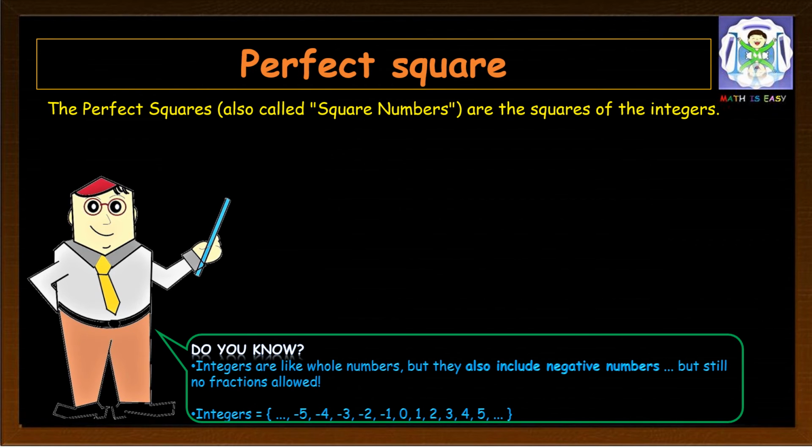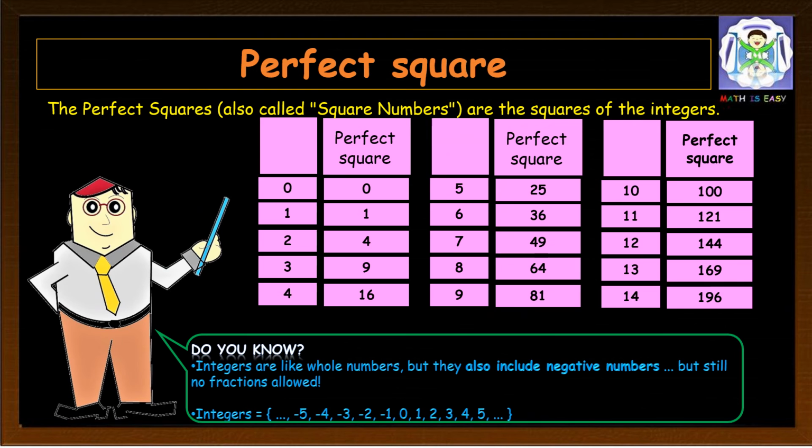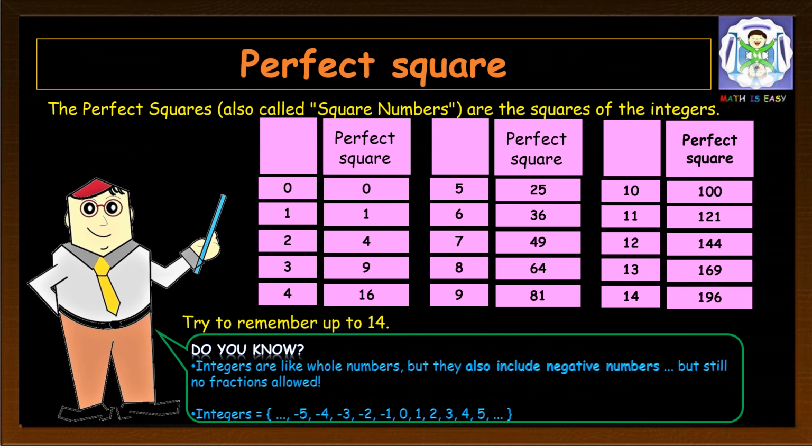So when you see a question asking what are the perfect squares, you always need to find out what the integers are. Here's one small table of perfect squares, and like I told you earlier also, you should mug up this table, because this will help you understand the concept, as well as make your calculation fast.